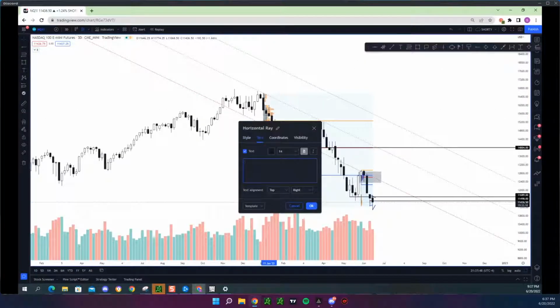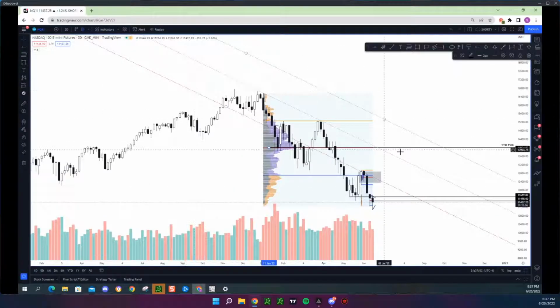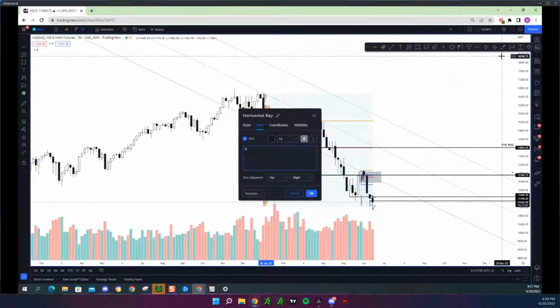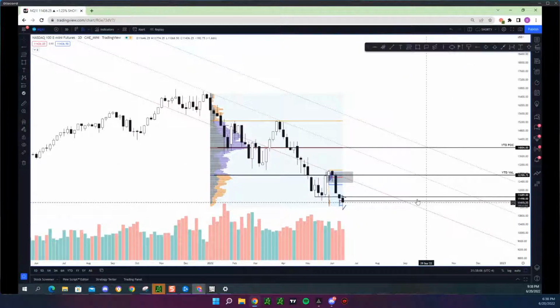So this would be your year-to-date POC on NQ. Here, for instance, this right here is your year-to-date VAL. This is the one that's going to be in play here quickly, right? I'm pretty sure we're going to be going for this fairly soon for a retest.